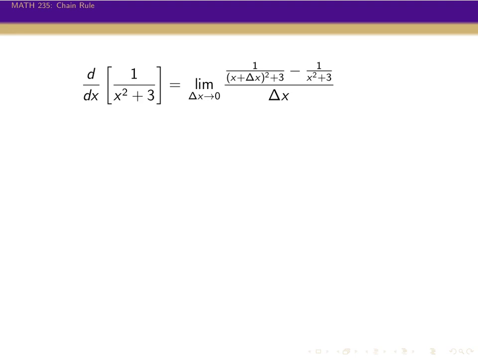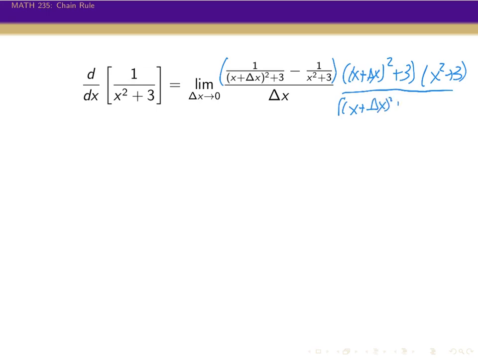Now we've got fractions inside of fractions, and so we want to cancel these off. And so we're going to multiply the top and the bottom by the denominators on the bottom. And so this is going to be x plus delta x squared plus 3 times x squared plus 3. And then we're multiplying the same thing down on the bottom.